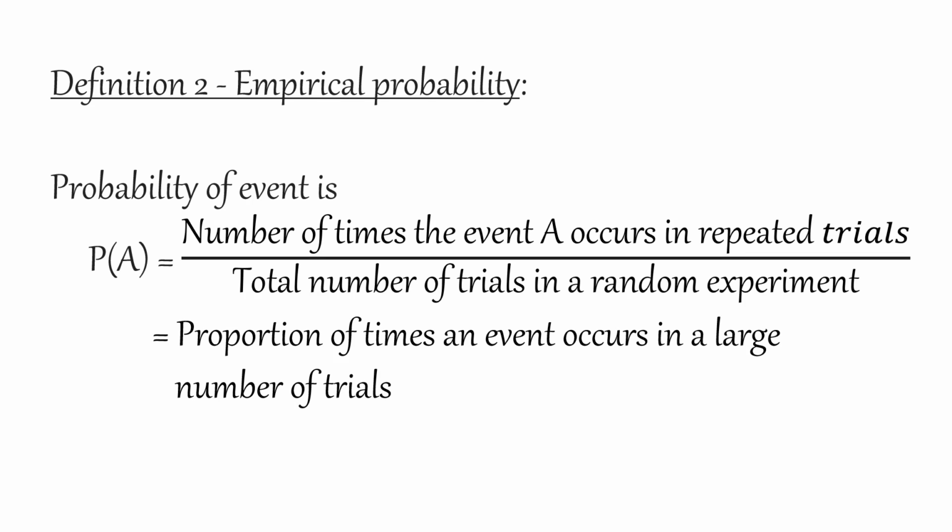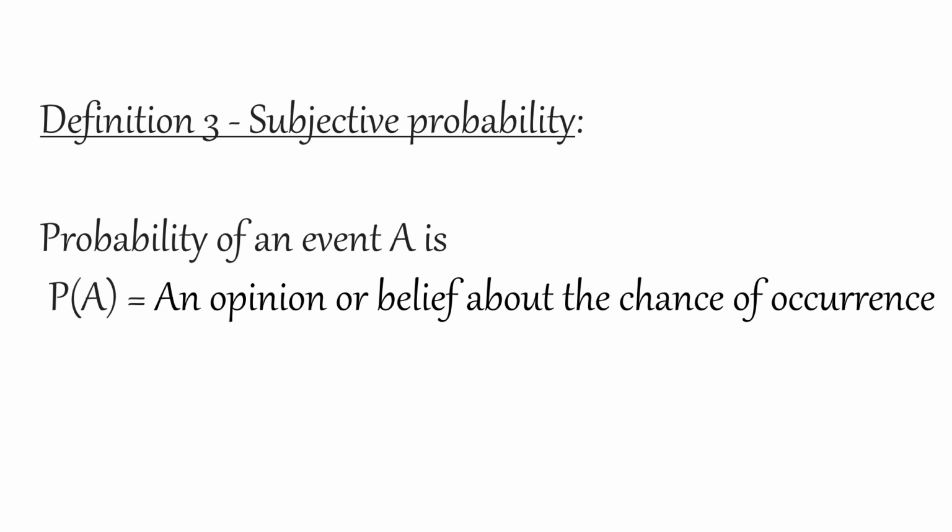Now, sometimes things get even worse. You will not have any data at all, or you will not have any clue. At that point, we go to the subjective probability definition. For example, if you want to launch a new product, and the product was not available at all.